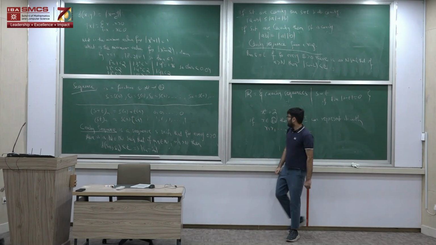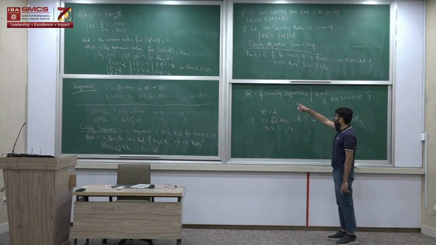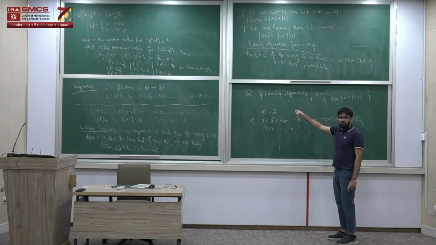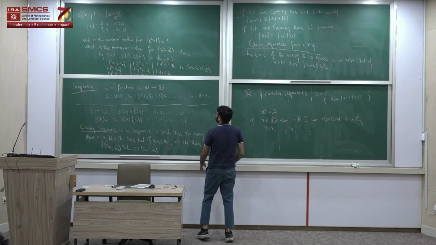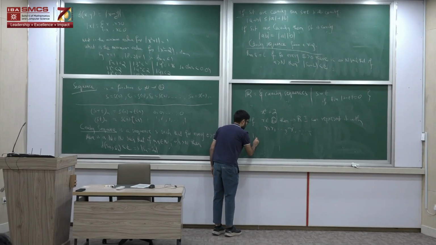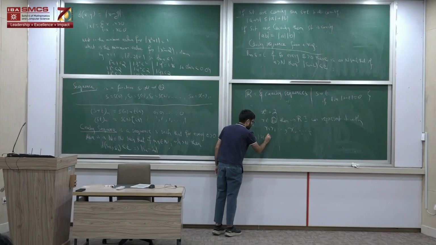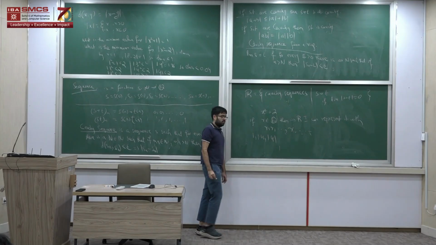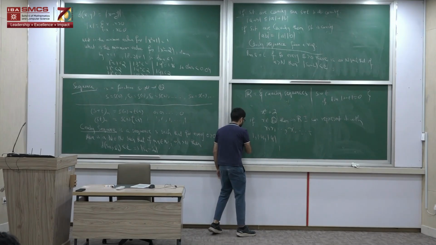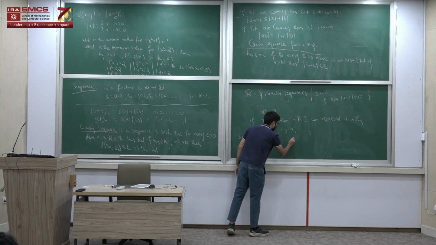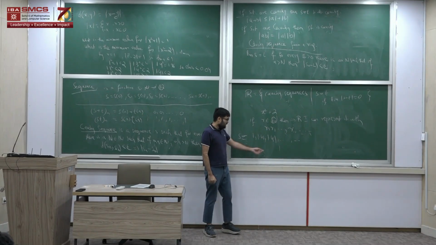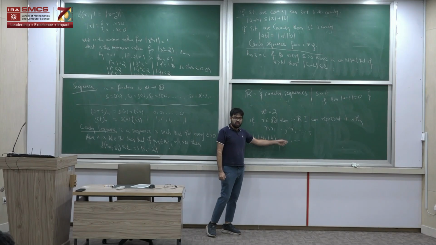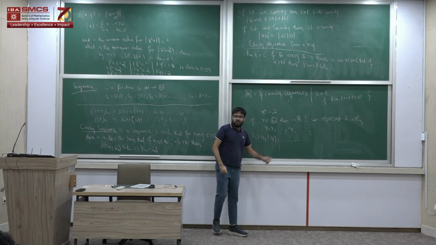So if I have that sequence whose first few elements are 1, 1.4, 1.41, and I keep finding more and more elements of the sequence using the brain dead algorithm I described.